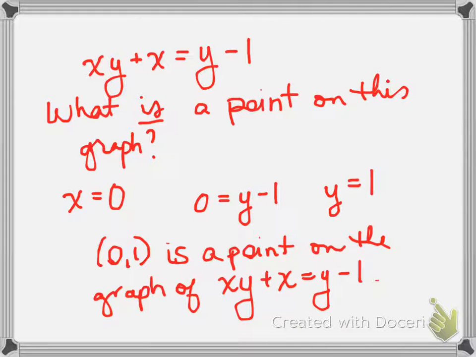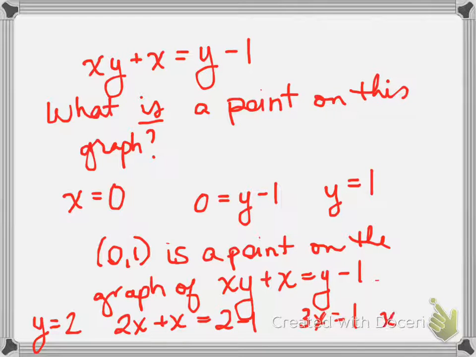I just as easily could have started with a y value. I could have started with y equals, I don't know, let's start with y equals 2. If I start with y equals 2, I get 2x plus x equals 2 minus 1, which tells me 3x equals 1. So if 3x equals 1, then x equals 1/3.